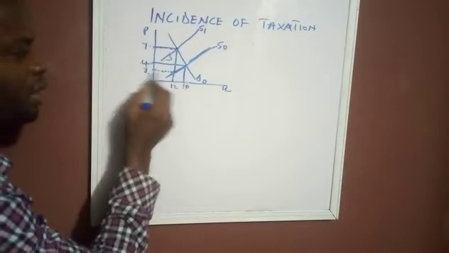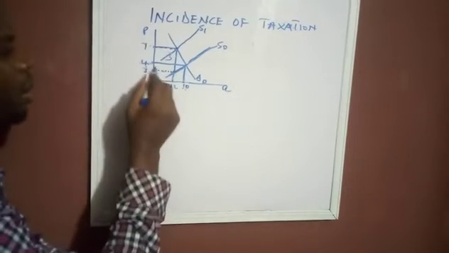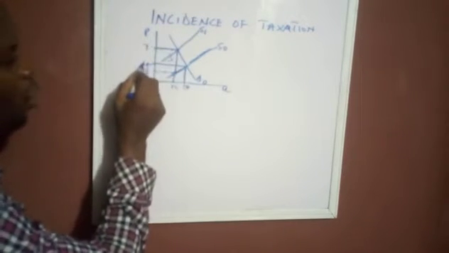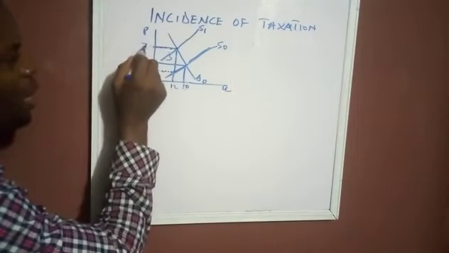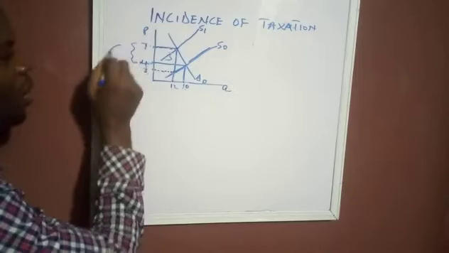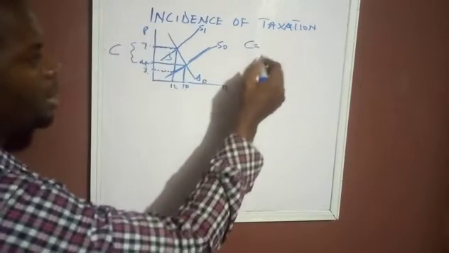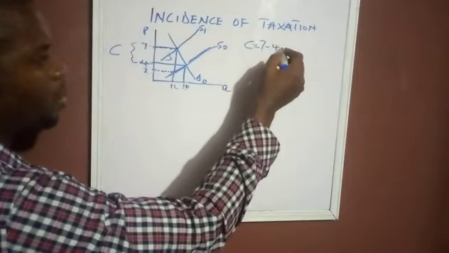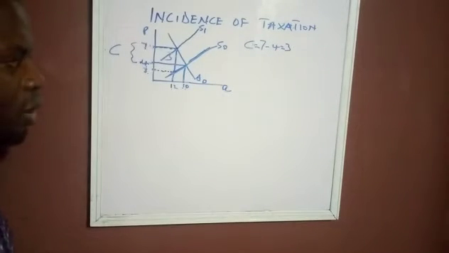So it means this $3 is for supply now. So let's now see from this point to this point. Of course, consumers pay from 4 to 7. Consumer, he pays what? 4 to 7. We can now say consumer pays 7 minus 4, so consumer pays an extra $3.